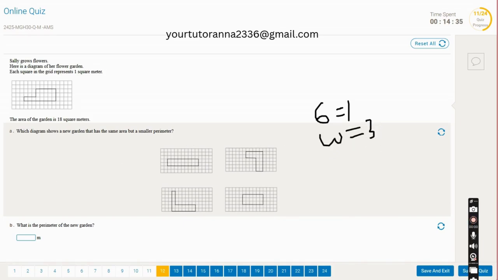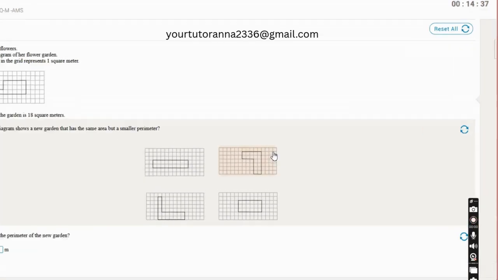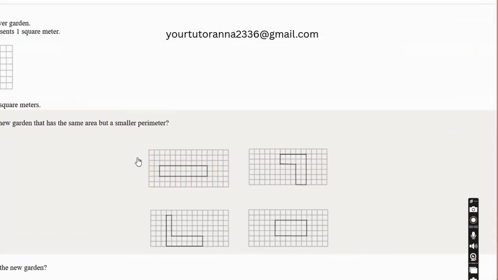You can count first of all of them. Where are you getting? Okay, so we know that you're getting 22. So let's say 22 is the perimeter for this one, right? So let's count. 1, 2, 3, 4, 5, 6. 6, 7, 8. And again, 9, 10, 11, 12, 13, 14.